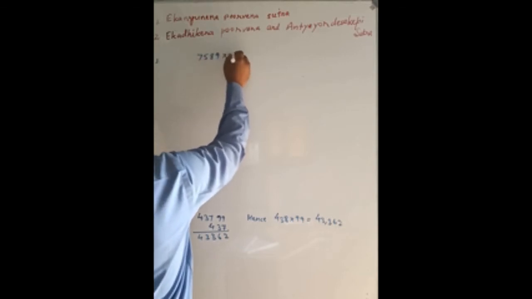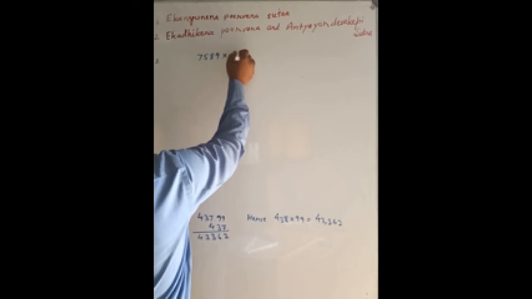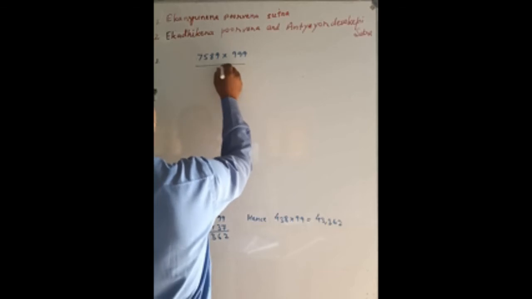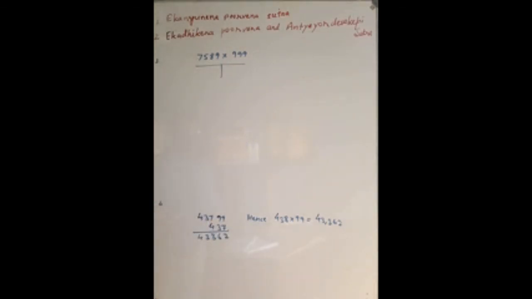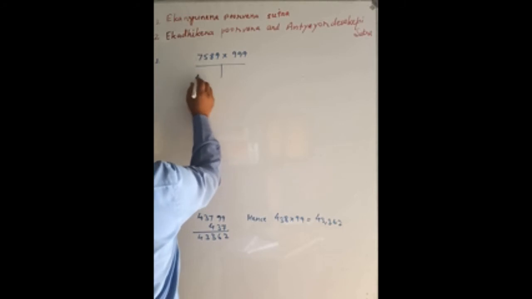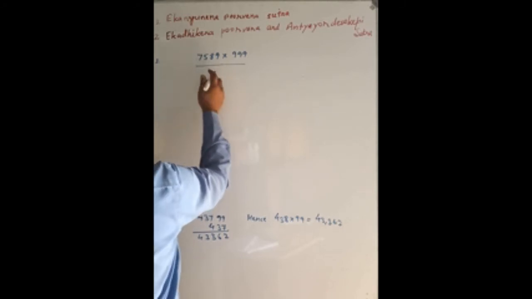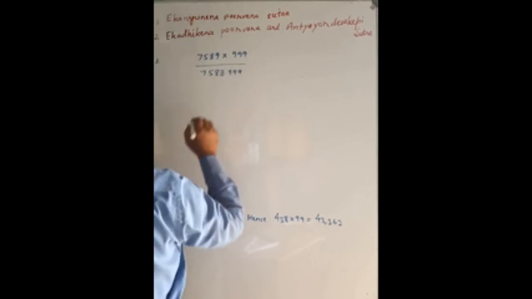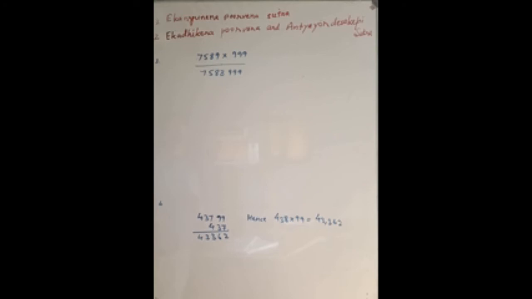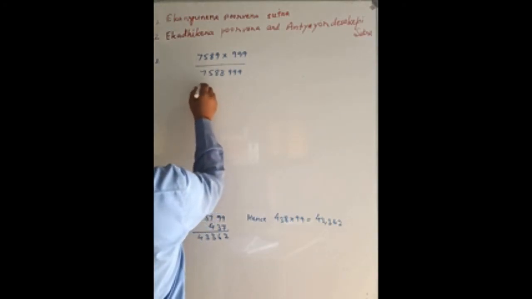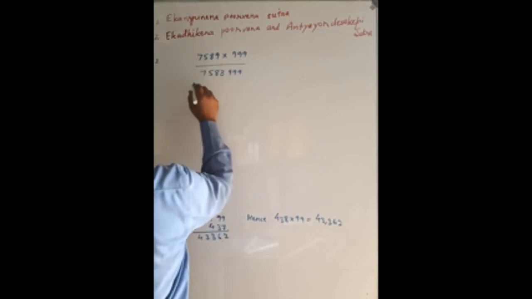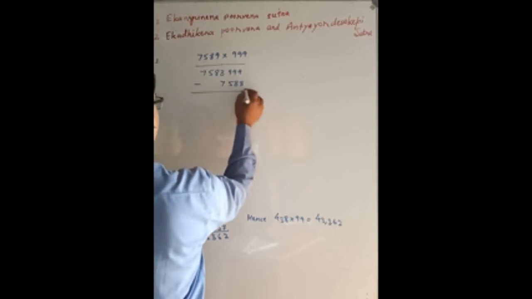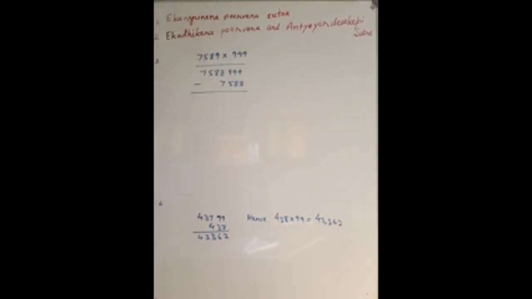We take another example. 7589 multiplied by 999. We get 1 less than 7589, that is 7588, and keep 999 as it is. Now subtract this 7588 from the number.